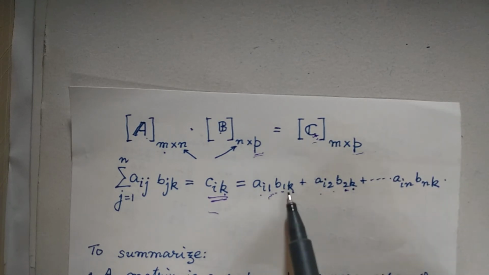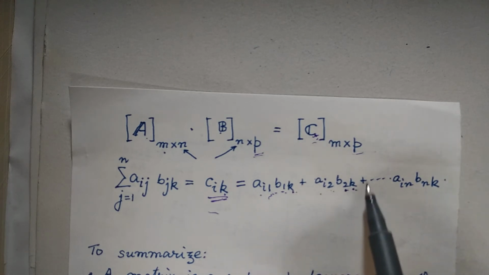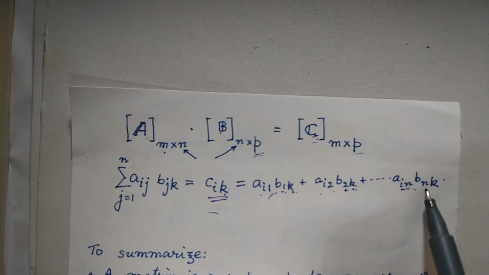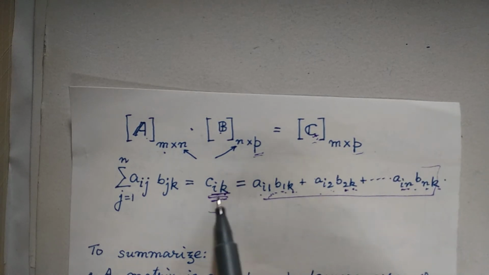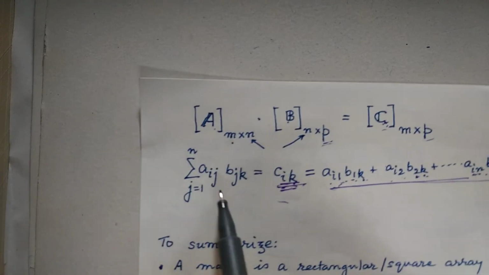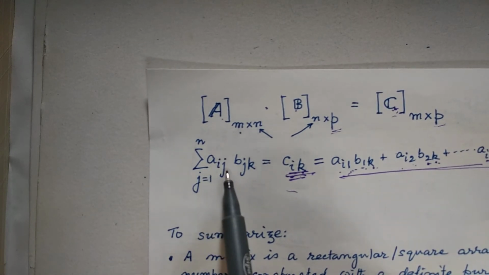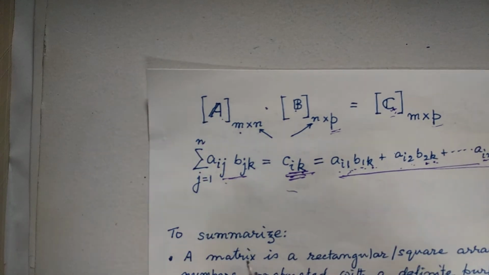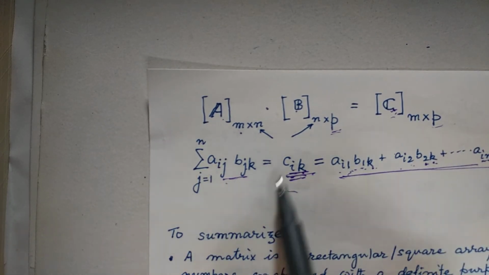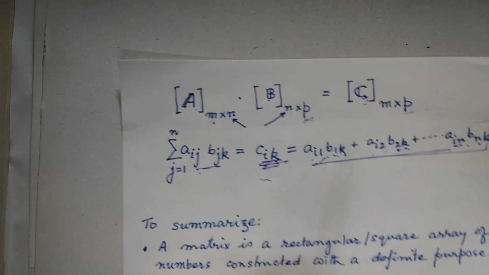In this way, A_i1 B_1k plus A_i2 B_2k and so on up to A_in B_nk. This sum will give you the value of C_ik. The sum is written in a compact form in this manner: sum of A_ij B_jk, where j is varied from 1 to n. This is the general rule for matrix multiplication.